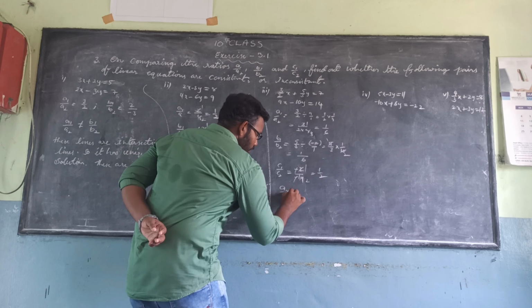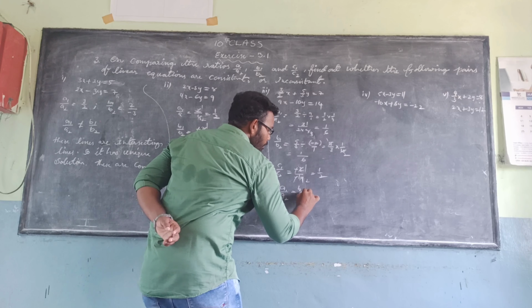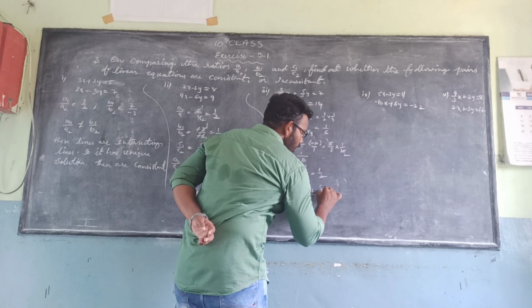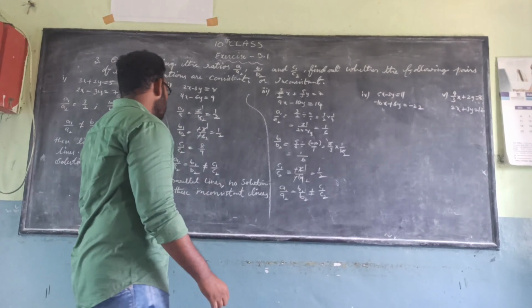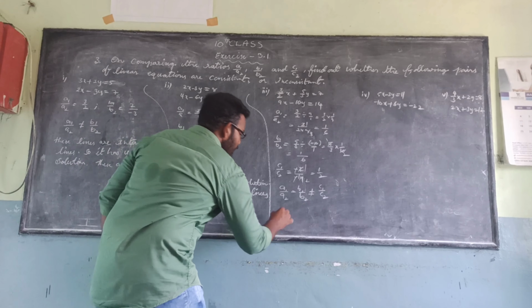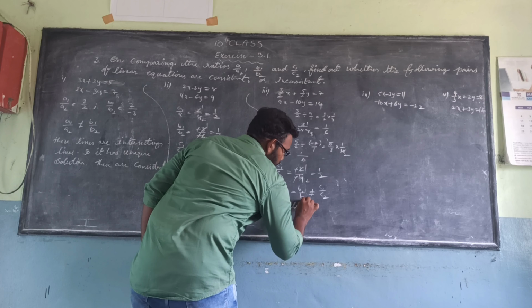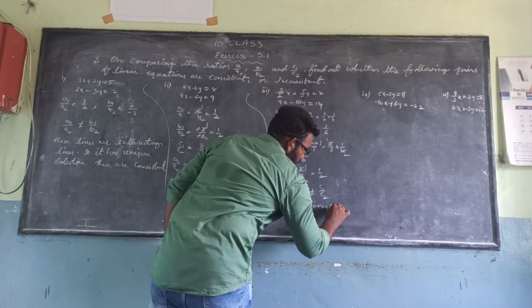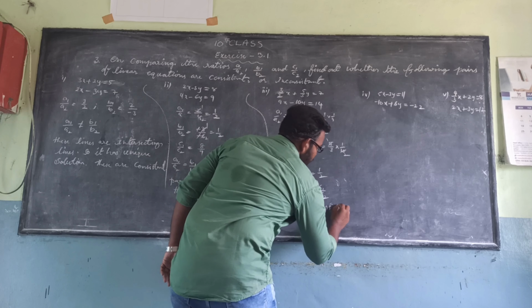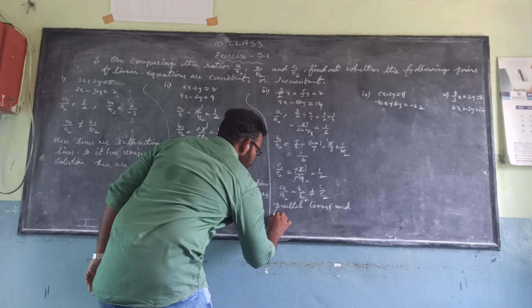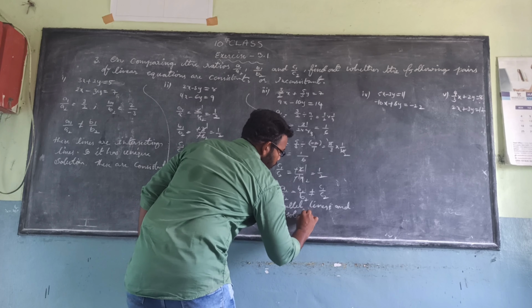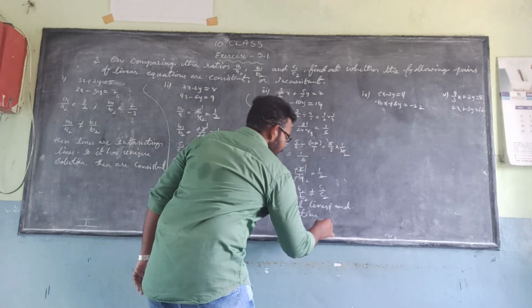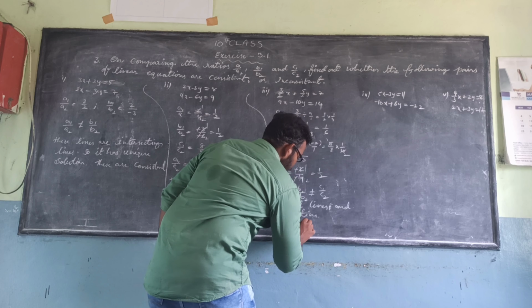So here a1 by a2 is equal to b1 by b2 is not equal to c1 by c2. So these lines are parallel lines and have no solution. So these lines are called inconsistent lines.